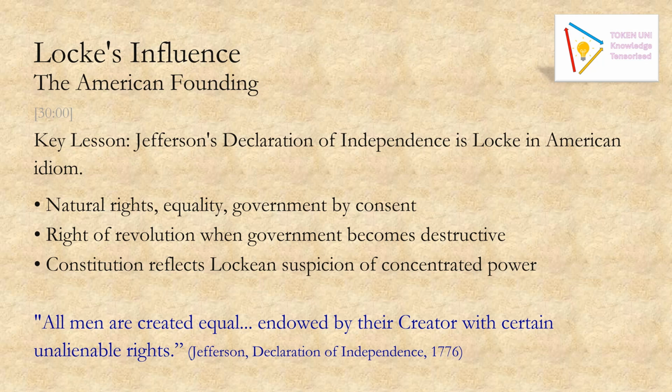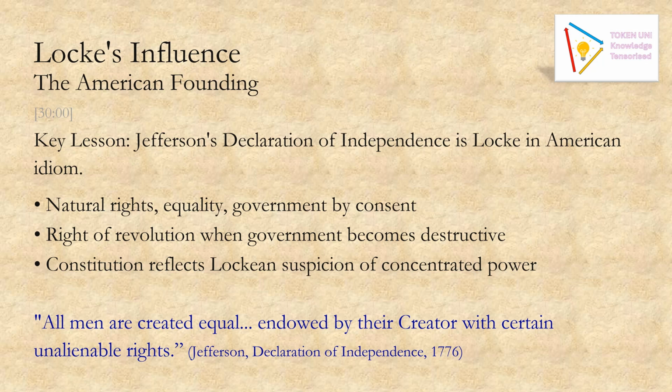The Constitution's architecture, separation of powers, checks and balances, enumerated and limited federal authority, reflects Lockean suspicion of concentrated power. The Bill of Rights, protections against government overreach, guarantees of property, due process, religious liberty, codifies Lockean principles.